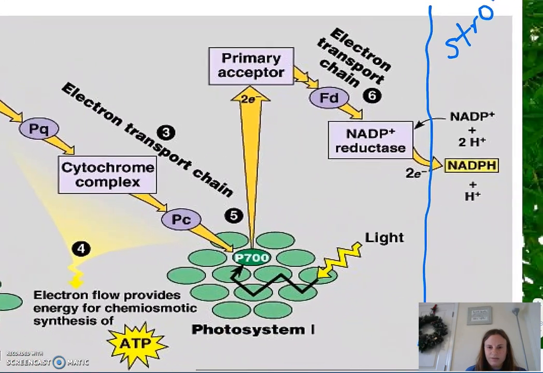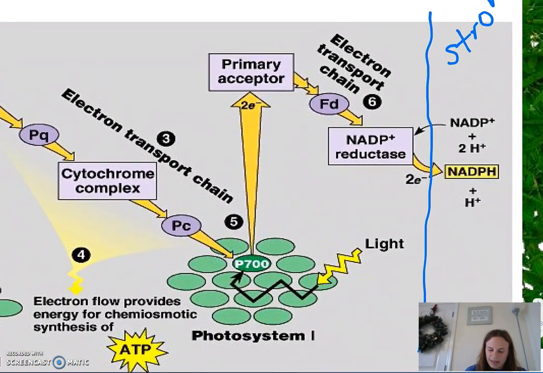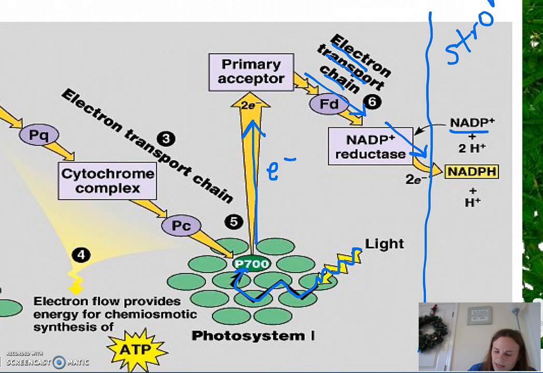What happens in photosystem 1 is that light hits photosystem 1, a primary acceptor accepts the electron, and an electron becomes excited. That electron then travels down the electron transport chain and reduces NADP plus to NADPH.